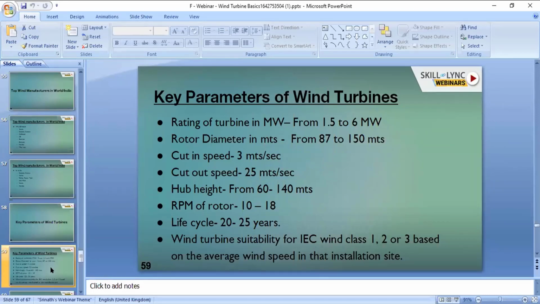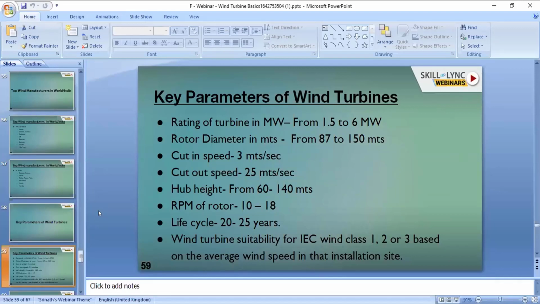Cut-out speed is generally in the range of 25 to 30 meters per second. Above 25 meters per second, even though we can make power from the wind turbine, we have to stop it even though the wind is very high, because if the wind speed is more than 25 meters per second, there will be huge vibrations and it is likely to damage the wind turbine.